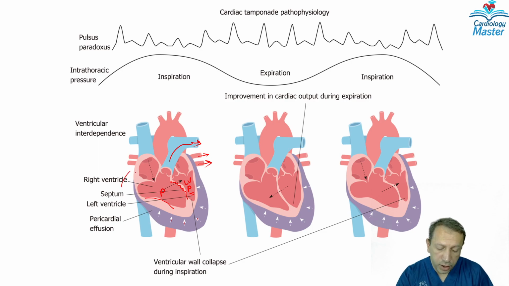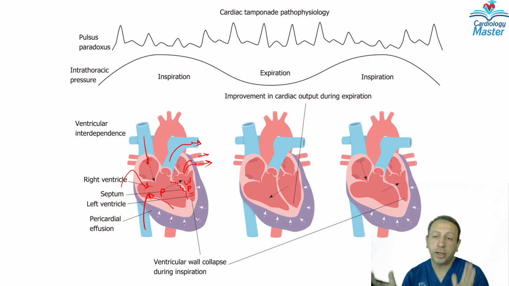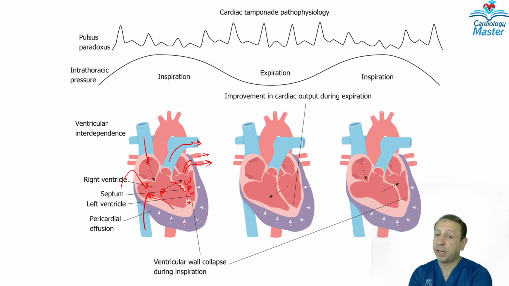So I am increasing the flow from the superior and inferior vena cava, and decreasing the blood volume in the left ventricle, and this will cause a shift of the interventricular septum towards the left ventricle during inspiration, further decreasing the volume inside the left ventricle. We call this ventricular interdependence, and this is also classical to see in conditions of constrictive pericarditis.